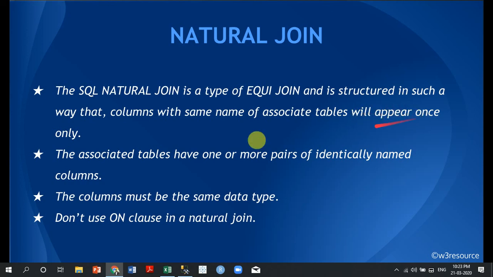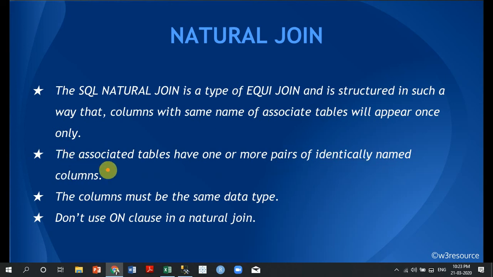That means the tables you are taking, in which the column names are the same, those columns will appear once only. The associated tables will have one or more pairs of identically named columns.